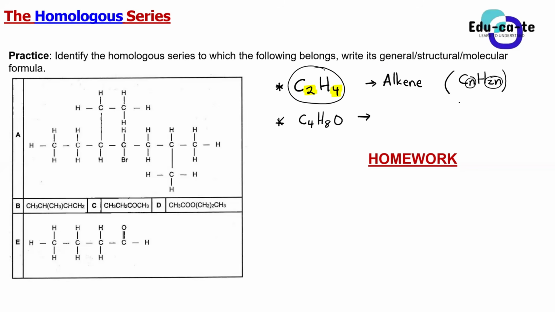How many oxygens does a carboxylic acid have? 2 oxygens, but here we only have 1 oxygen. It cannot be a carboxylic acid. What else has oxygen? It's aldehyde, sir. Yes, aldehydes, we say that they've got a general formula CnH2nO.